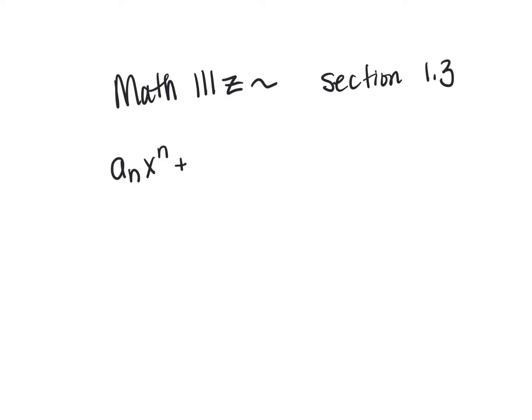We classify our polynomials by the sign of the leading coefficient, whether it's positive or negative, and by the degree, the highest exponent, which is what gives us our leading coefficient. Each time, our subscript will drop down 1 to denote a new constant, and our exponent would drop down 1 as well, all the way until we get down to our quadratic term, then our linear term, and then our constant term.